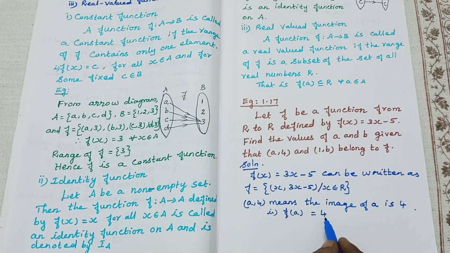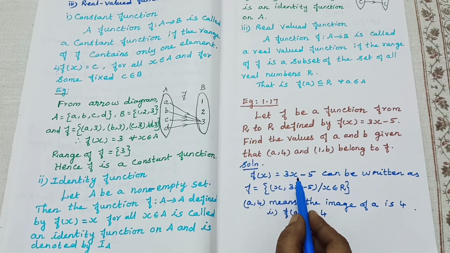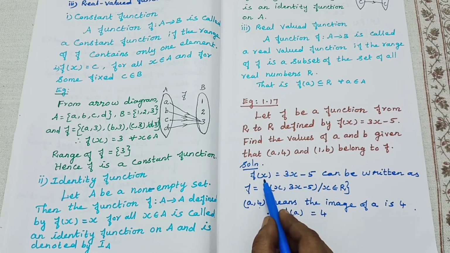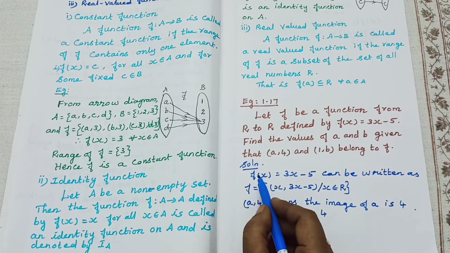f of x is equal to 3x minus 5. So f of a is equal to 3 into a minus 5 is equal to 4. Okay. Therefore, 3a is equal to 4 plus 5; the minus 5 goes to the other side, and the sign will change.